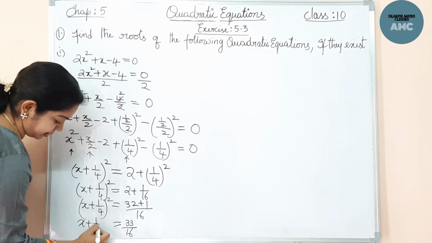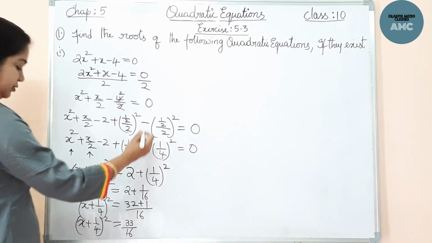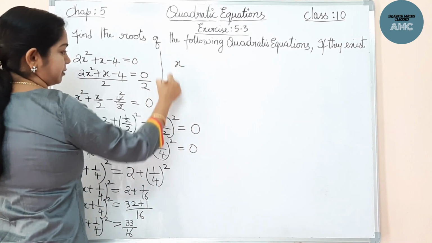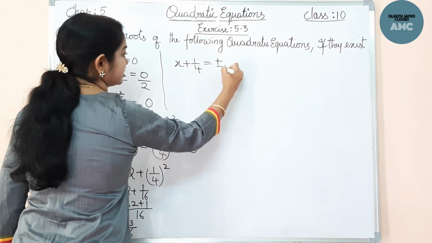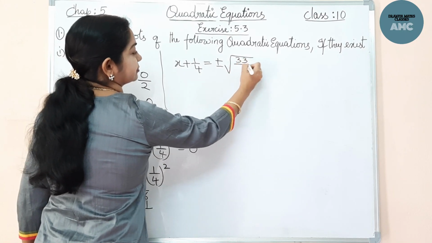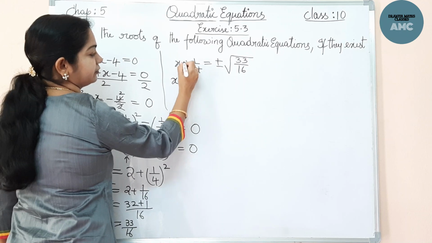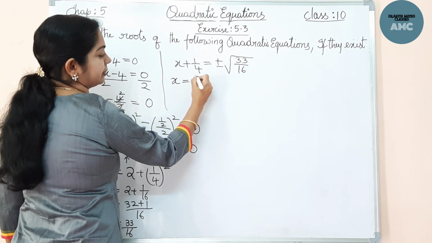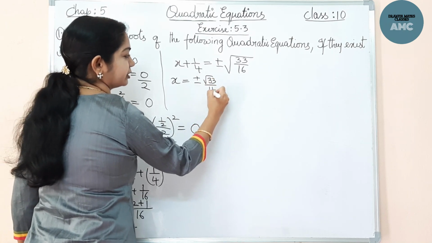x plus 1 by 4 whole square. Now, if you take the square root, it comes to x plus 1 by 4 is equal to plus or minus square root of 33 by 16. So, here x is equal to, if you shift this to the other side, plus or minus root 33 by 4 here.